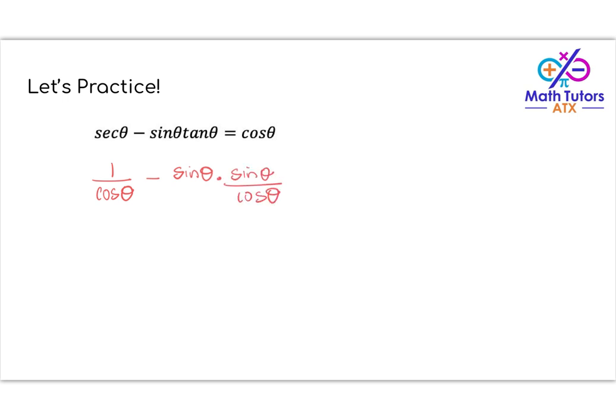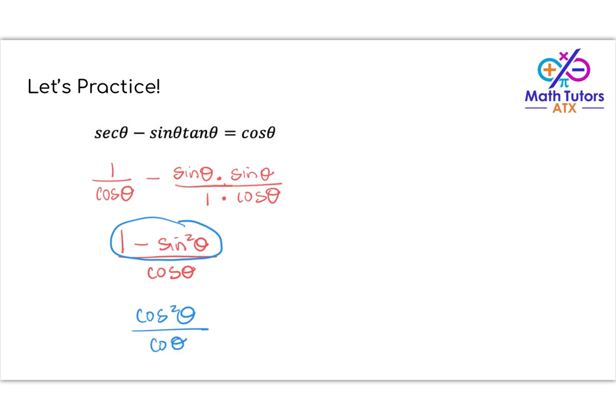Because now if I look here, I think, okay, well, this is just over 1, right? I now have cosine as my denominator for both of these. So I can just do 1 minus sine squared over cosine. So I combine the two fractions. And then remember we talked about those Pythagorean identities. Well, right here, remember that is just cosine squared.